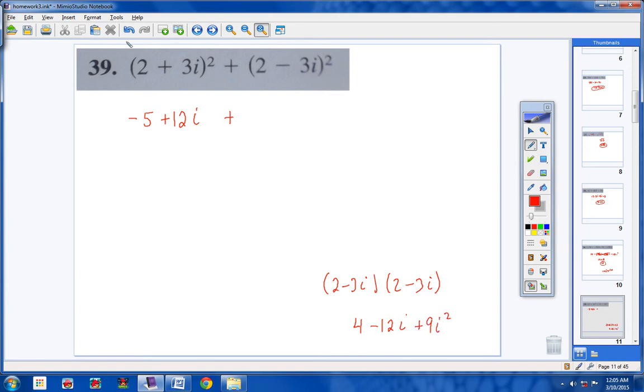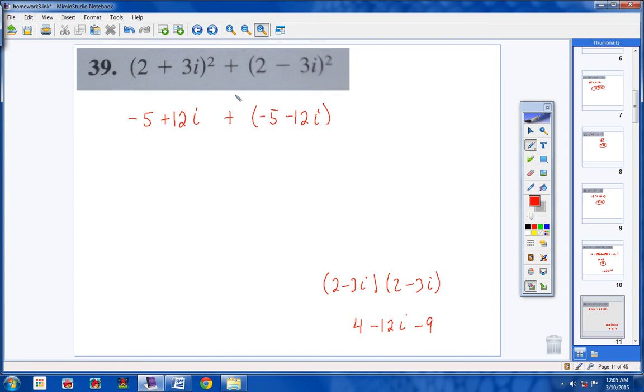Now, I squared is a negative 1. And 9 times a negative 1 is a negative 9. 4 minus 9 is negative 5. So we're left with negative 5 minus 12I.